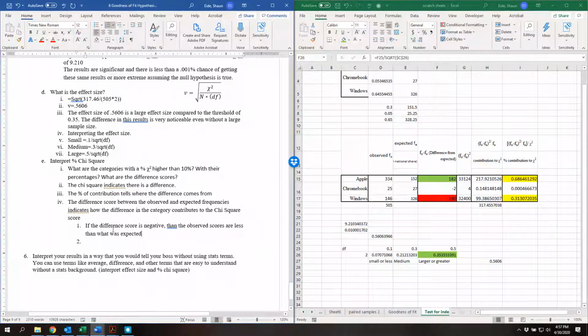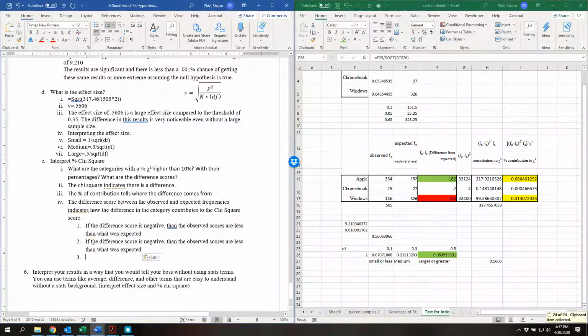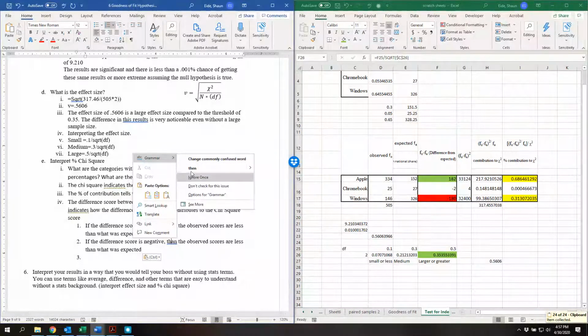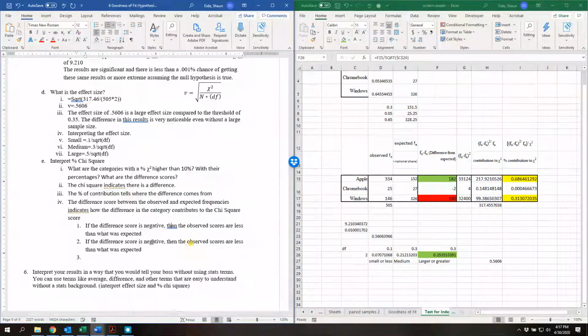And then if the difference score is positive, then the observed scores are greater than what was expected.